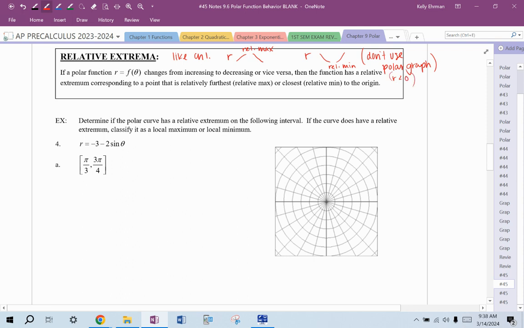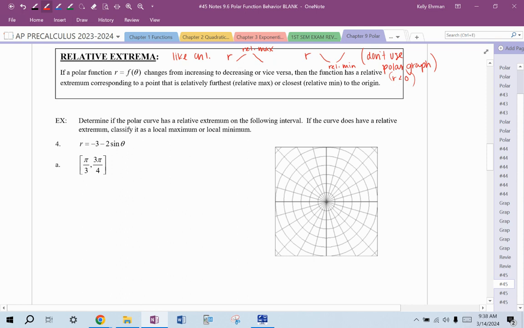All right. Also, I have something to exclude from my packet here. So if a polar function changes from increasing to decreasing or vice versa, then we have a relative extremum, corresponding to a point that is relatively furthest or closest to the origin. I want to take out that part.